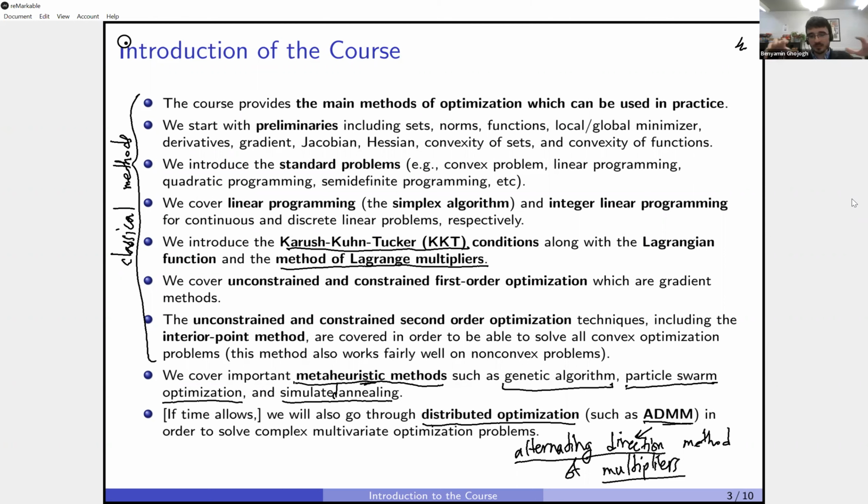We can distribute data to some nodes or some servers, and then these servers will learn or update the parameters based on the data that they have, and then they send their parameters to a central server, and that central server combines them, accumulates them somehow, or averages them, and then it sends the updated parameters back to the distributed servers.